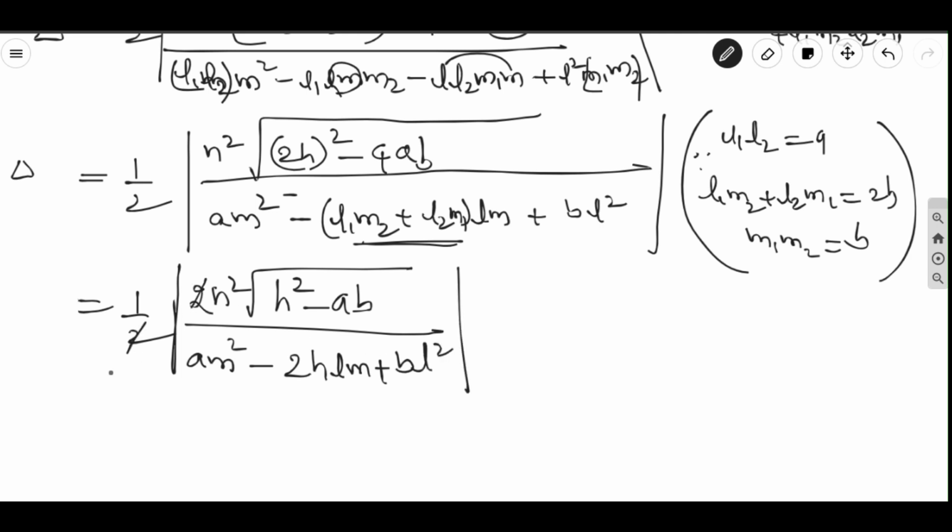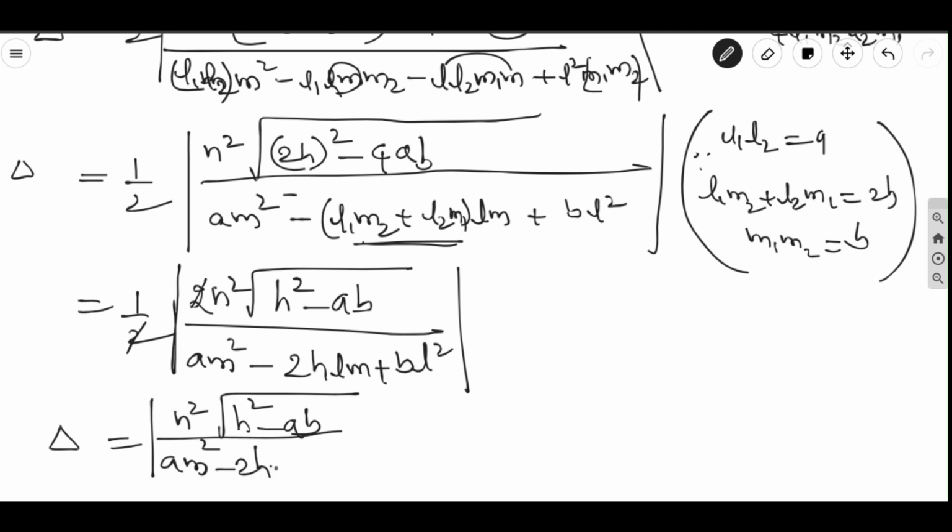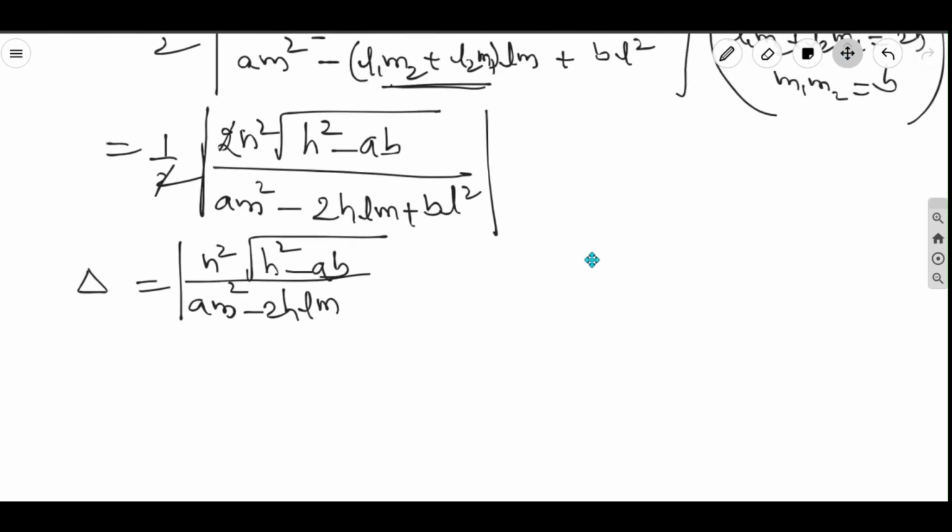This two cancel. So delta equal to modulus n square under root of h square minus ab by a m square minus 2h l m plus b l square. This is the proof.